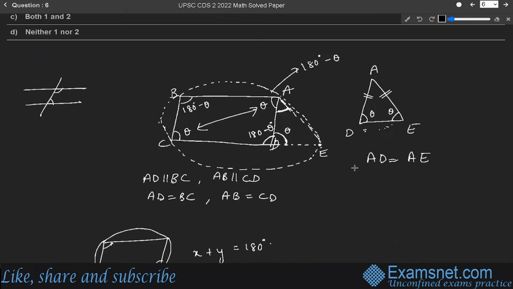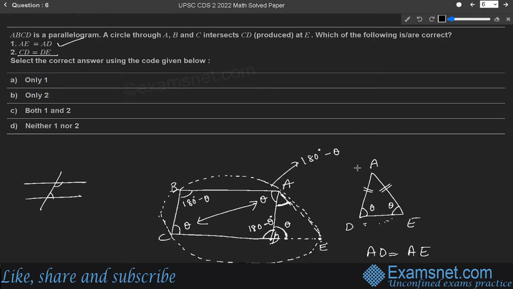You can see that there is no such relation that can be formed between CD and DE because CD is the side of a parallelogram and DE is the line which is produced from D to E. Therefore, no relation can be formed for CD and DE. Therefore, the second statement is not correct. So, only the first statement is correct for this question. Therefore, we can say option A is the correct option here.